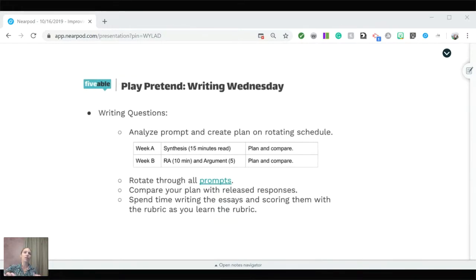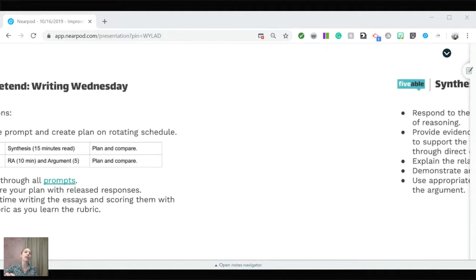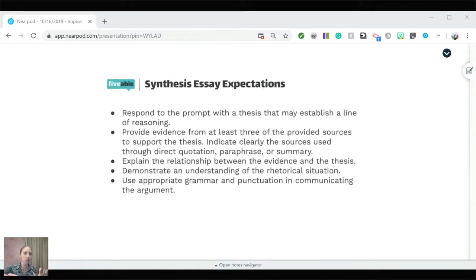All right. So the essay expectations, just quickly wanted to kind of review them, make sure you know them. You want to respond to the prompt with a thesis that establishes a line of reasoning. You want to provide evidence from at least 3. Now, I always tell my students, go for at least 4, because you can talk about them in passing or you can talk about them in detail, okay? So I always say go for 4, but the rubric says at least 3.